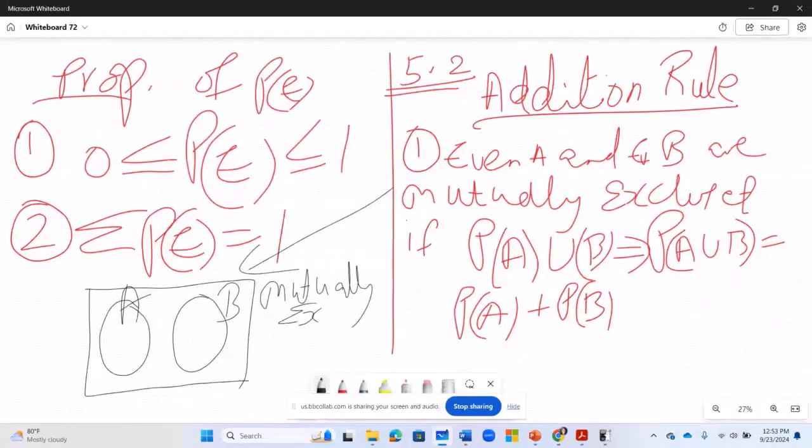So statistically, in probability, if two events are mutually exclusive, they cannot happen at the same time. And one of the probability rules called addition rule says they are mutually exclusive. Another name is disjoint.